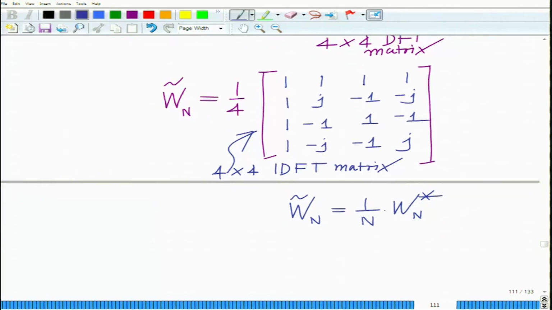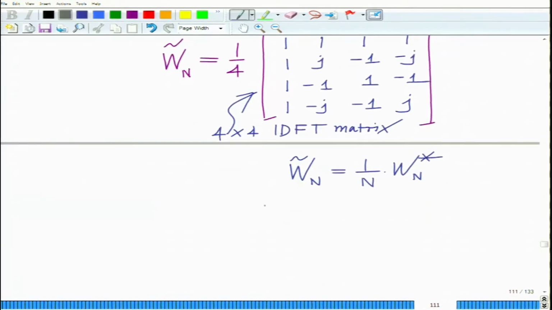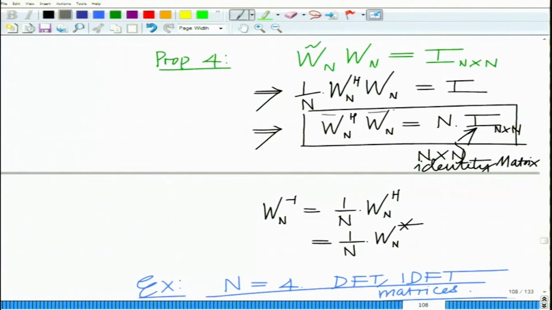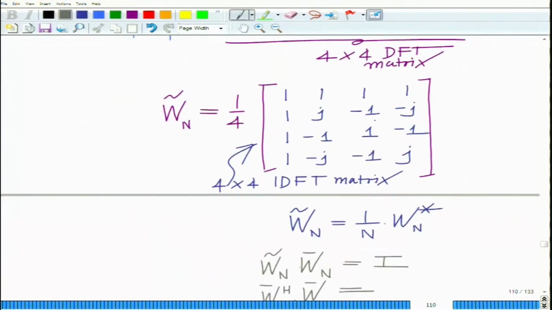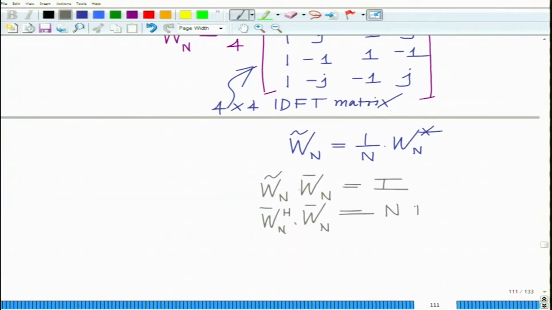You can also verify, and this is something you can do by yourself by entering it into MATLAB, that Wn tilde into Wn is in fact identity, and you can also check that W bar n Hermitian into W bar n is equal to n times the n cross n identity matrix.